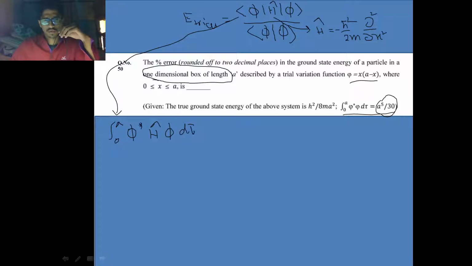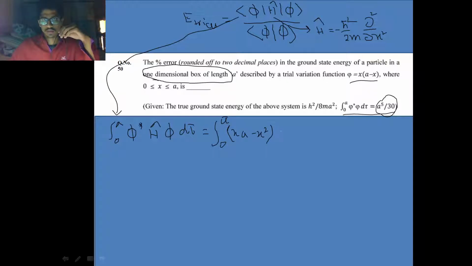Here, what is phi star? Phi star is also the same thing. So from 0 to a, we multiply x into (a minus x).